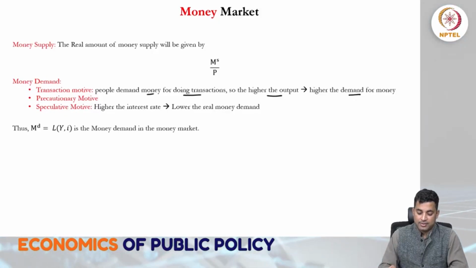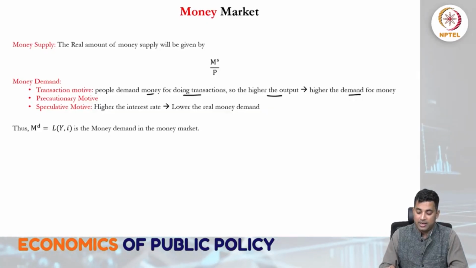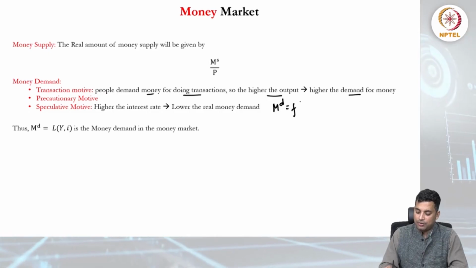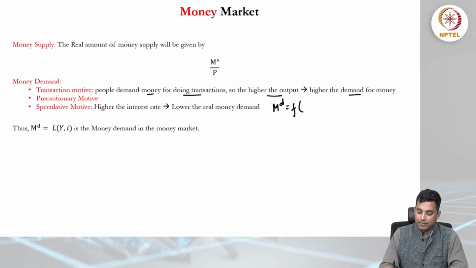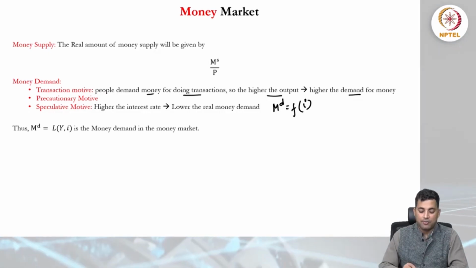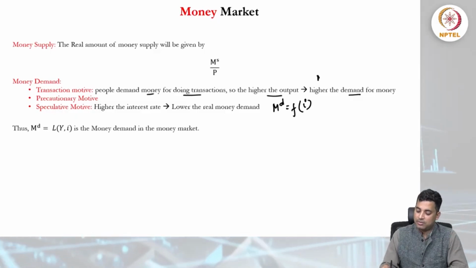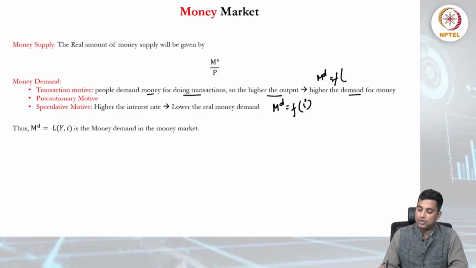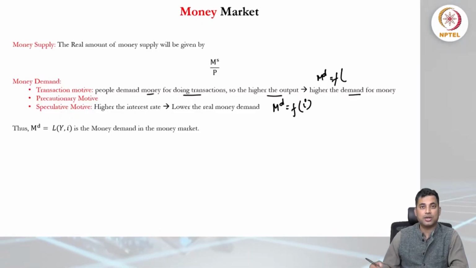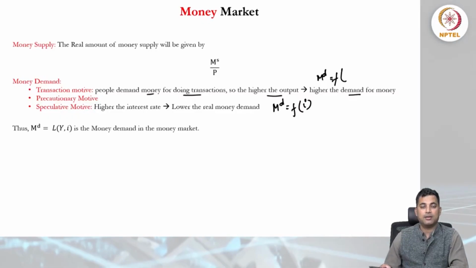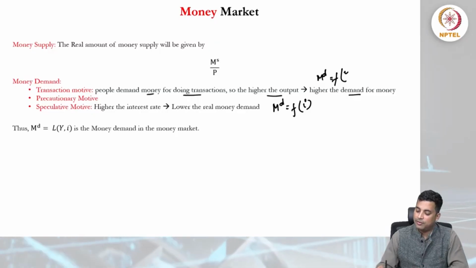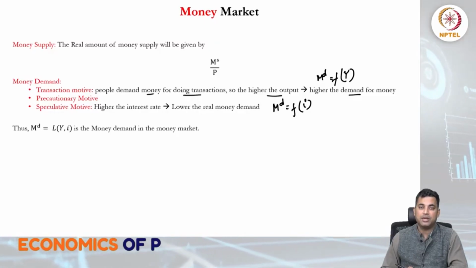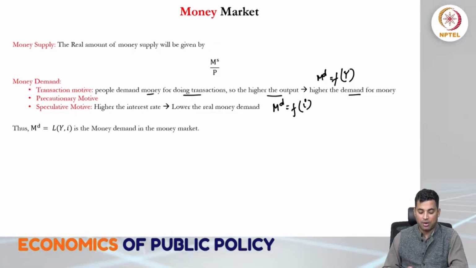From speculative demand for money, money demand is a function of the rate of interest, and from transaction demand for money, money demand is a function of total transaction, and total transaction is giving the total output, and therefore money demand is positively related and a function of total output.